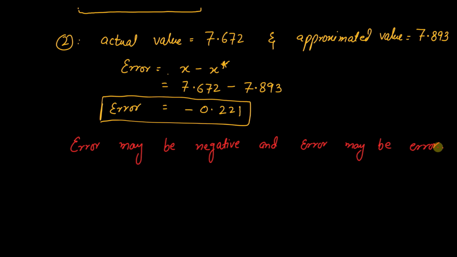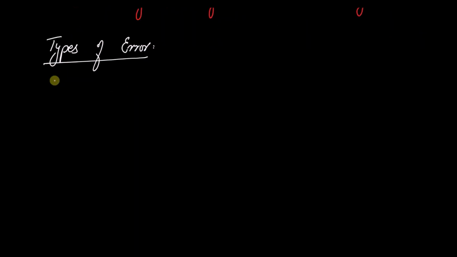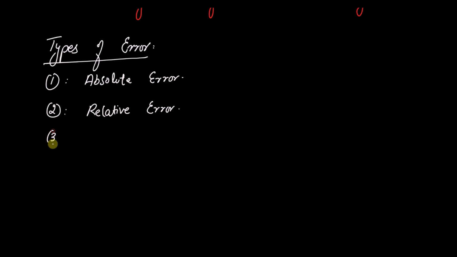Okay. Next we have the different types of error. The first type of error is known as the absolute error. The second one is the relative error. And the third one is percentage error.